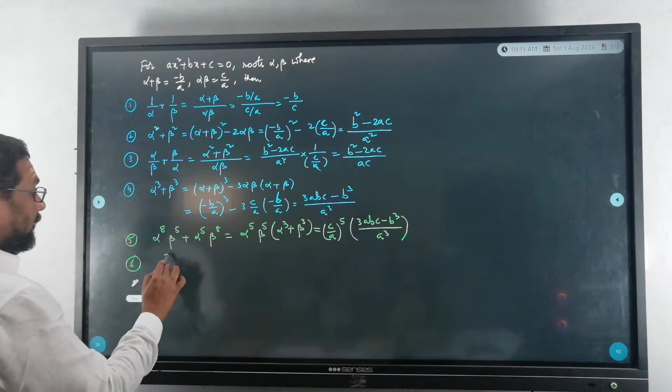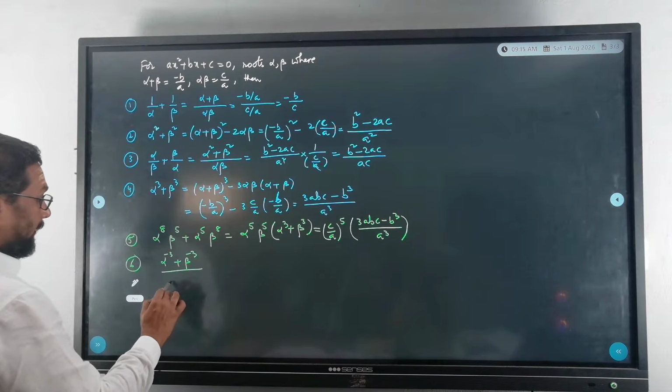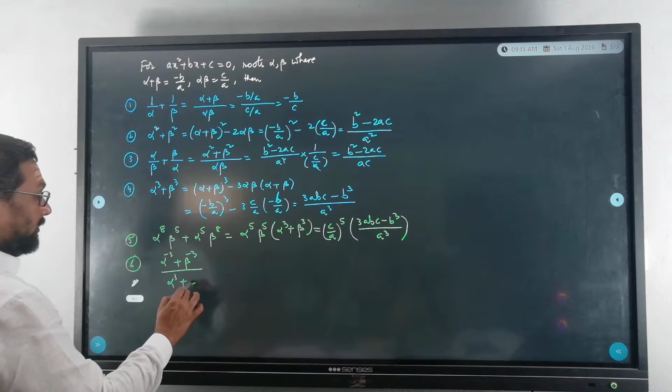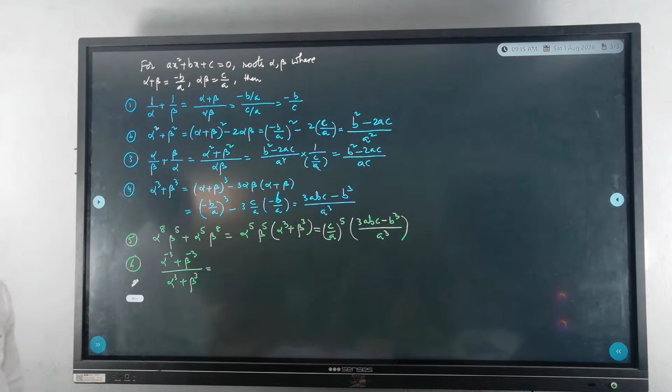Next, alpha power minus 3 plus beta power minus 3 by alpha cube plus beta cube.